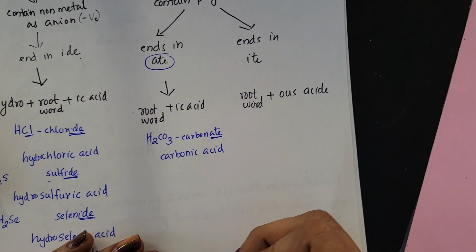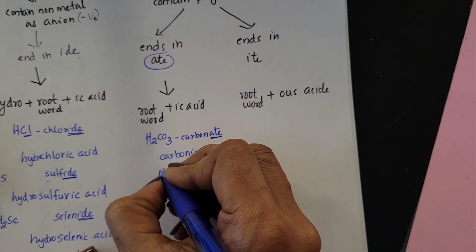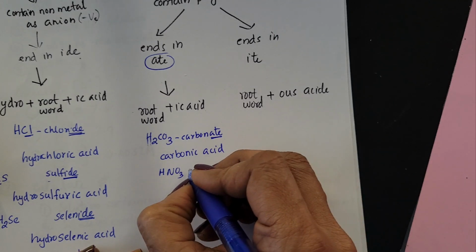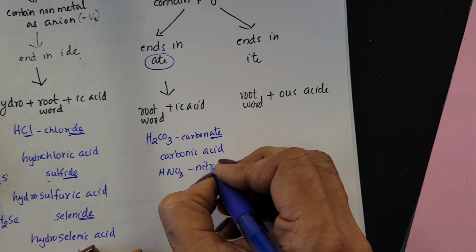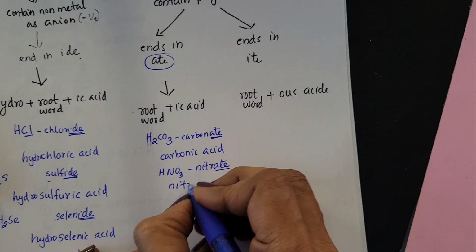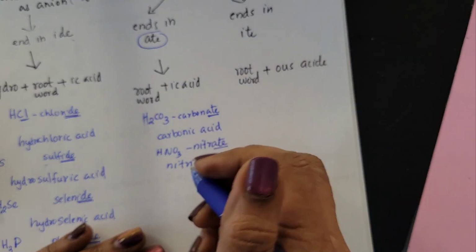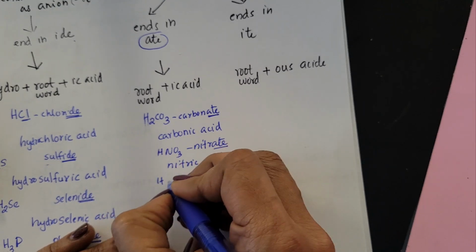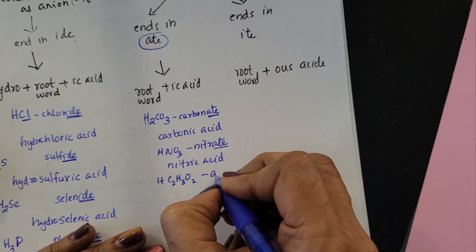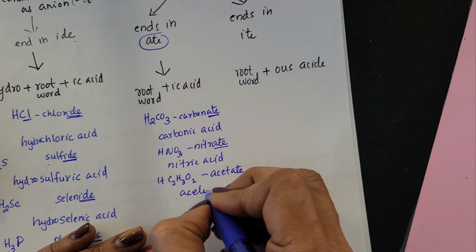Very easy. Okay, let's do another one. HNO3. The polyatomic ion in that is nitrate, ends in ATE, which is nitric acid. If it is HC2H3O2, that is acetate, so that will be acetic acid.